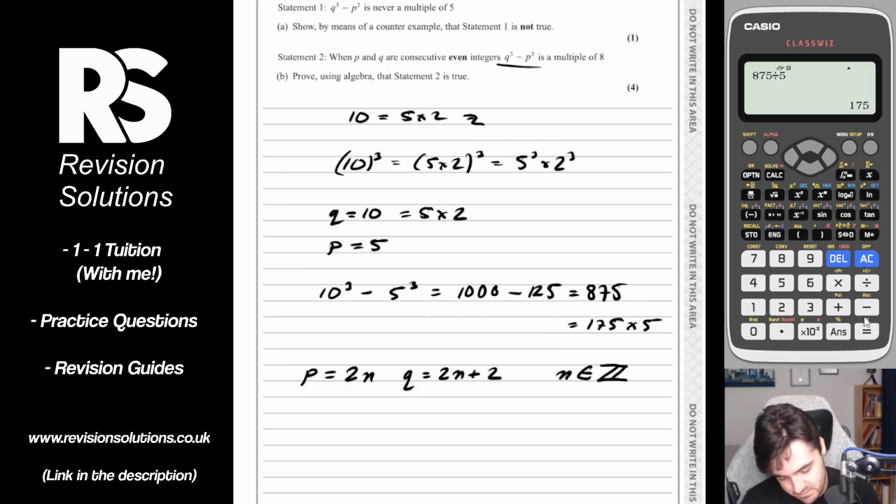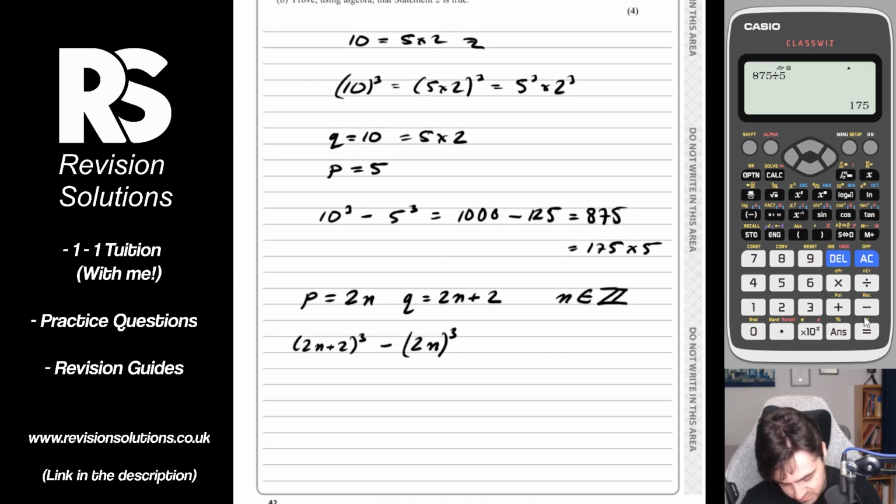And now let's see what happens when we plug this form in. So (2n plus 2) cubed minus (2n) all cubed. What does that give us if we simplify that? Well, let's use the binomial expansion to make it quick. That would be (2n) cubed for the first term.